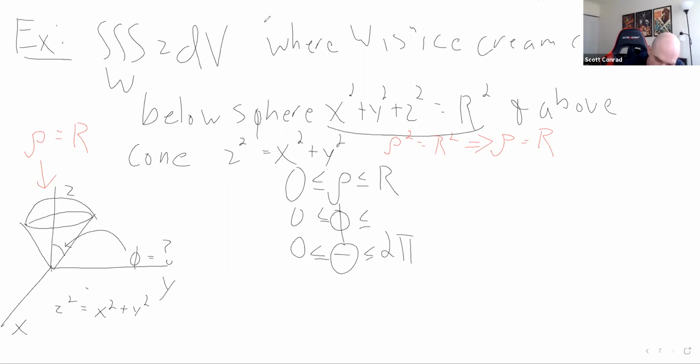The equation of the cone we said was z squared equals x squared plus y squared. Let's write that in spherical. So z is rho cos phi, so z squared is rho squared cos squared phi. X squared plus y squared is r squared, which is rho squared sine squared phi.